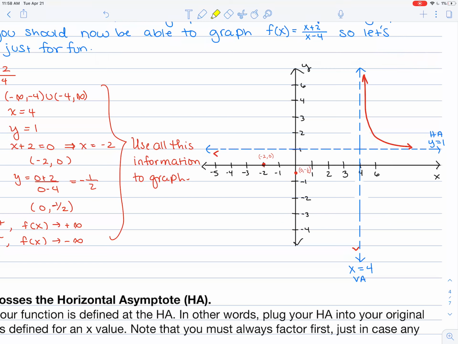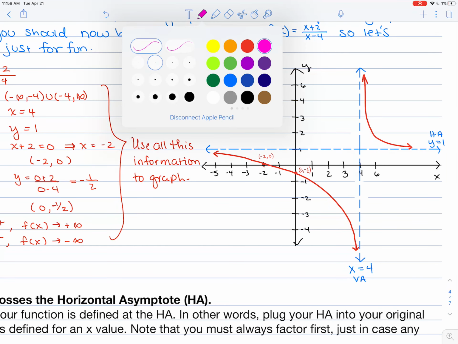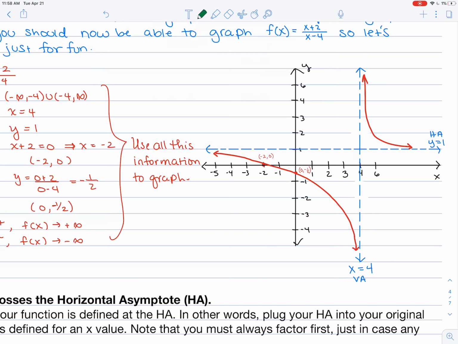And you know, one of the things that we haven't looked at is whether the graph crosses the horizontal asymptote or not. And we're going to look at that in the next part, because again, there is a chance that your graph could have done something like this. Let me show you. So the green one's not the real graph, but it could have done something like this. That's a possibility.